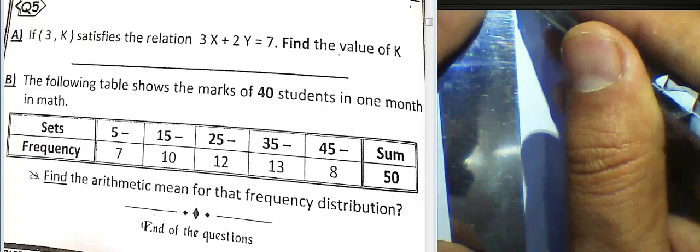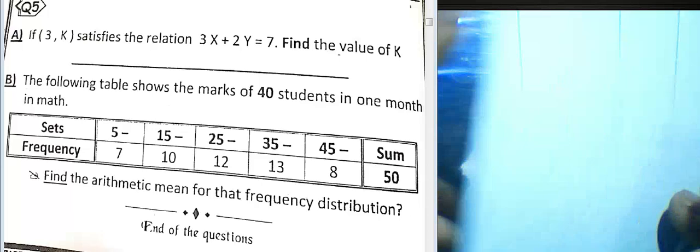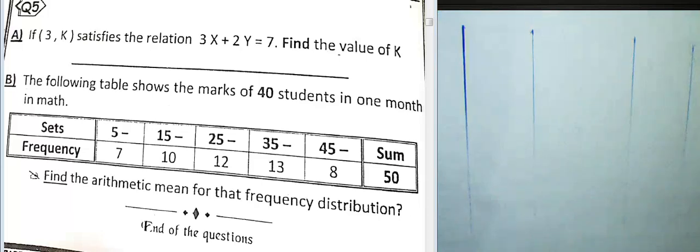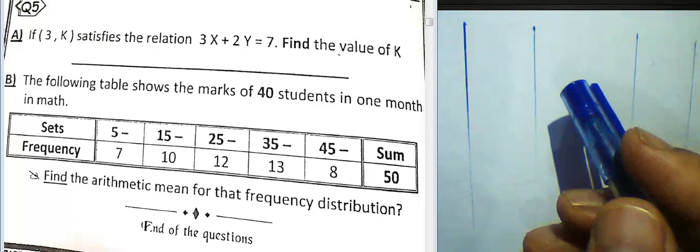I will draw the table like in your school book. Okay, pay attention to me. I will draw it here again to know the steps, like your book, for this example.